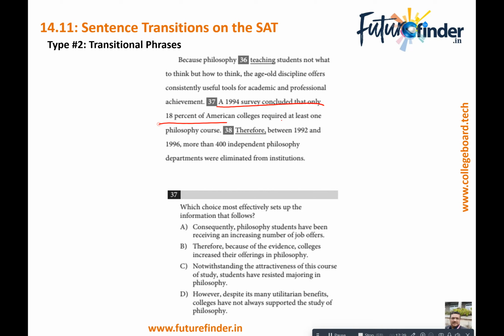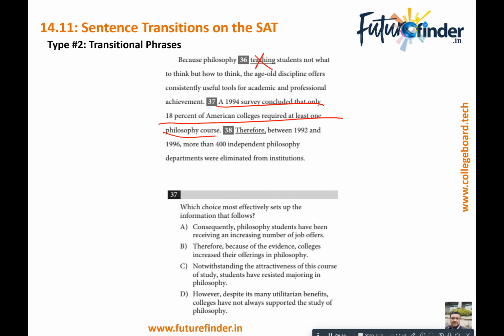Okay, this portion. 1994. So let's look at the whole paragraph. Because philosophy teaches students not what to think, but how to think, the age-old discipline offers consistently useful tools for academic and professional achievement.